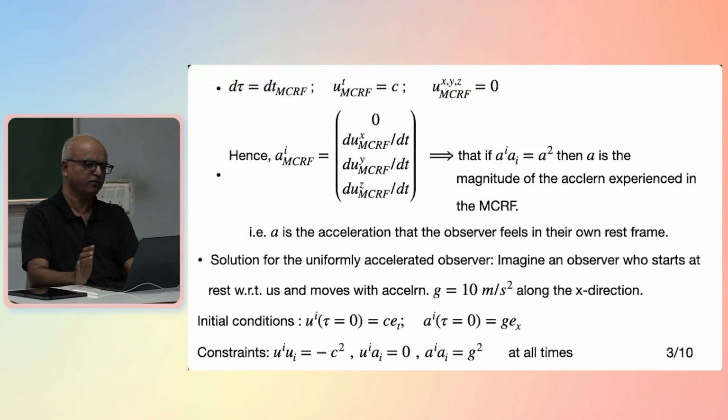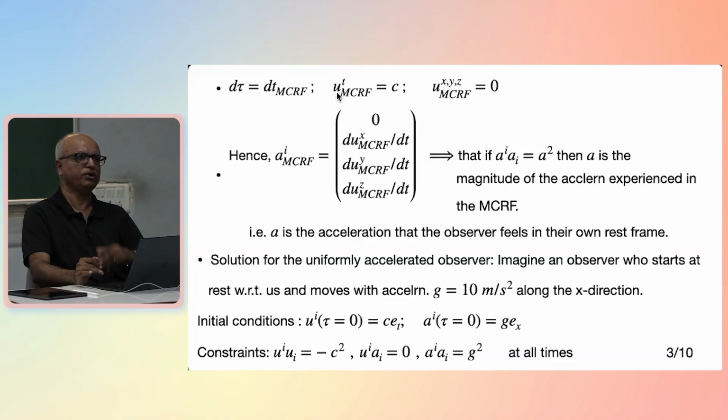So what are we saying? The velocity components of the accelerating observer as measured with respect to the MCRF are: time component is c, spatial components are 0. I use this to calculate the acceleration, which is du^i/dτ.